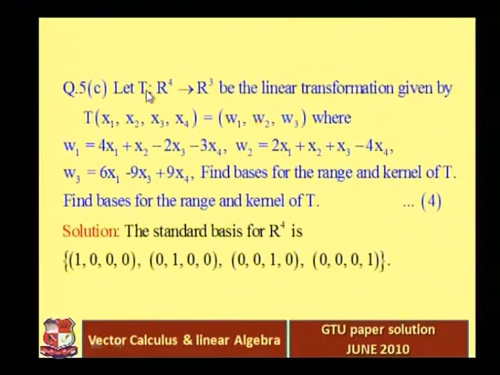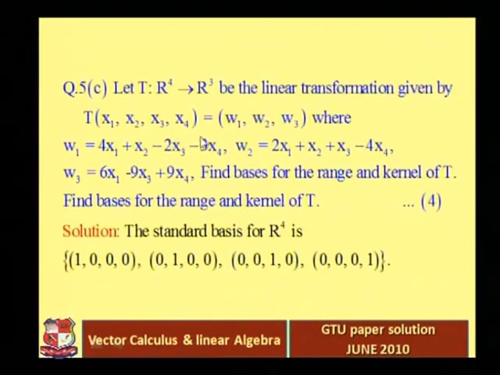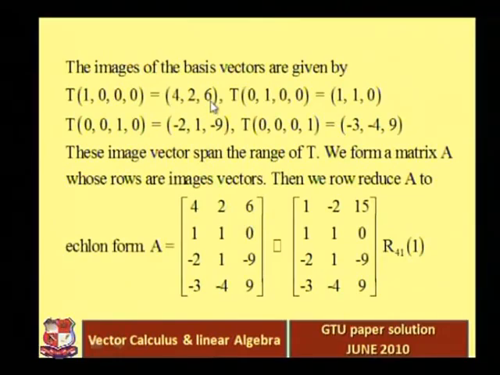So we want to find the image vectors of these 4 vectors. So T of 1 0 0 0 is equal to 4 2 6. Okay, 4 2 6.